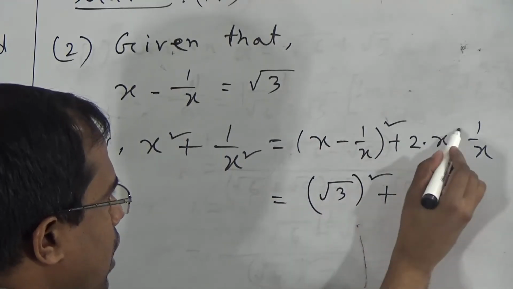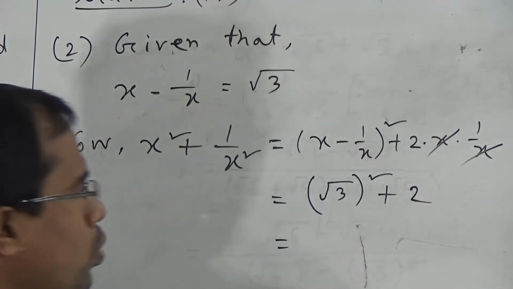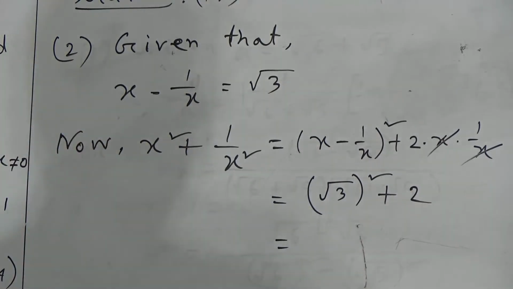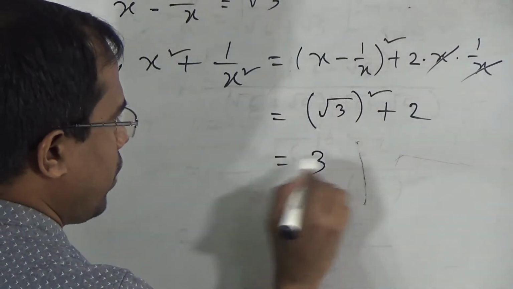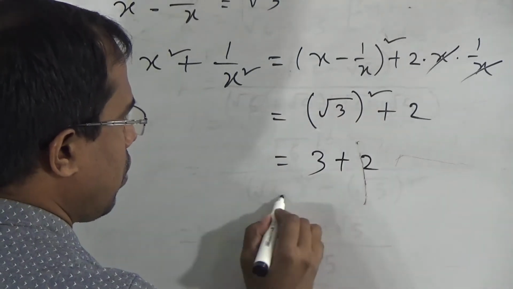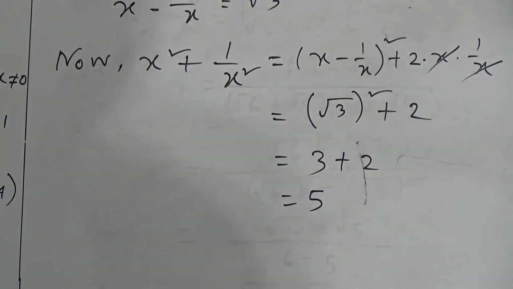Plus we can cut this x and this x, so 2 will exist only. Now root 3 whole square, we can remove square and root, so only 3 will exist. 3 plus 2 is equal to 5. Value of x square plus 1 by x square equal to 5.